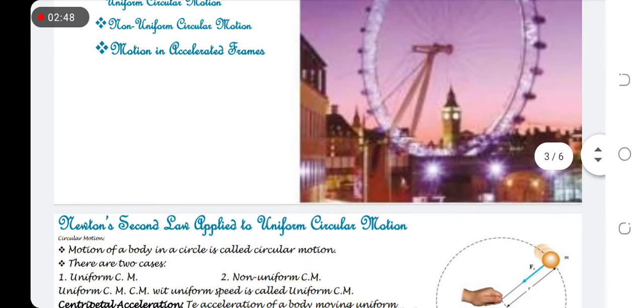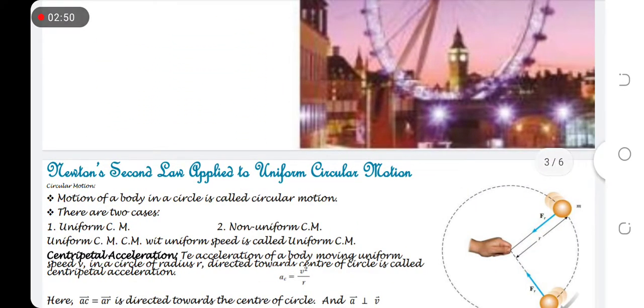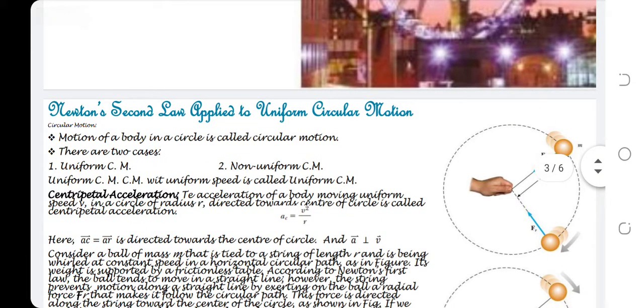So first of all, we start with Newton's second law applied to uniform circular motion. First of all, it is necessary to know about circular motion, then uniform circular motion, then afterwards we apply Newton's second law to circular motion.